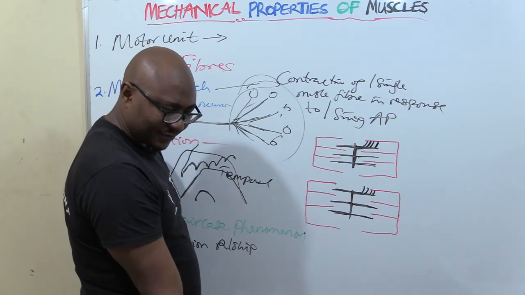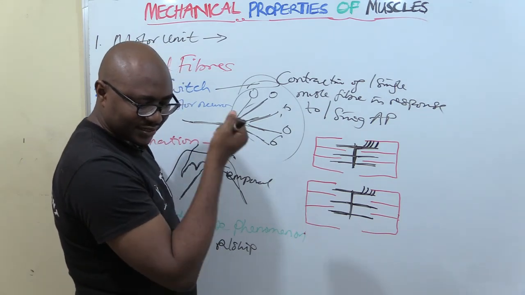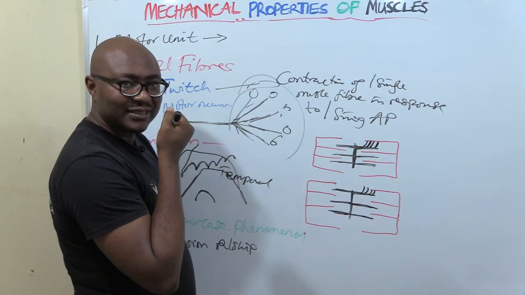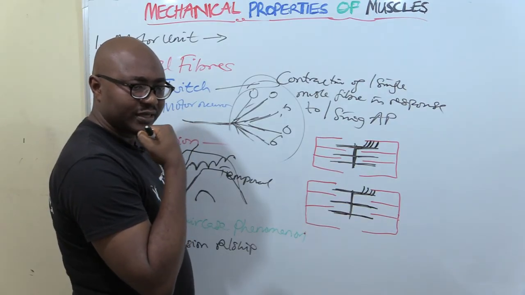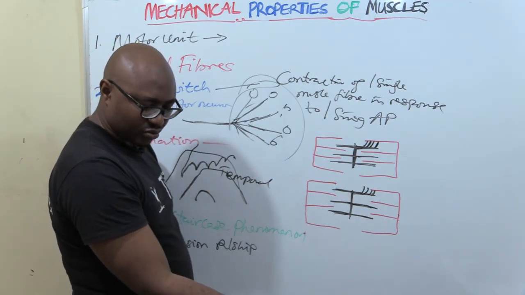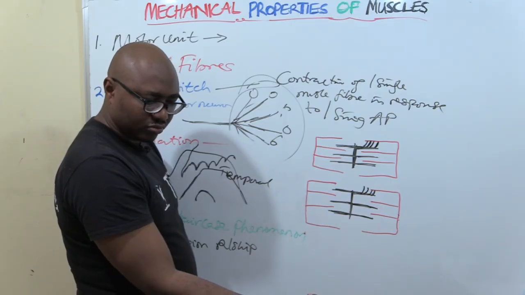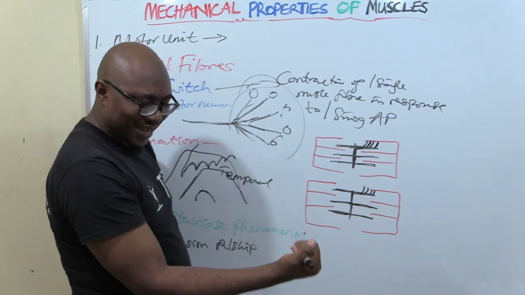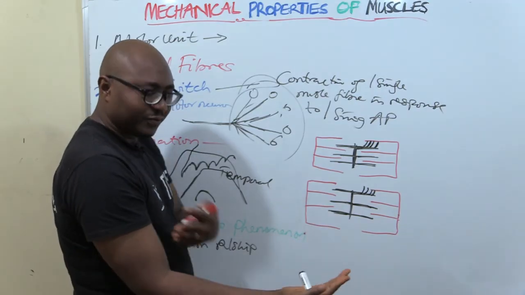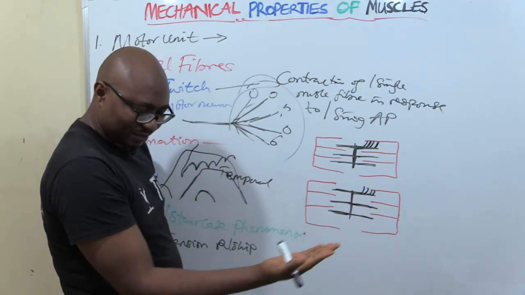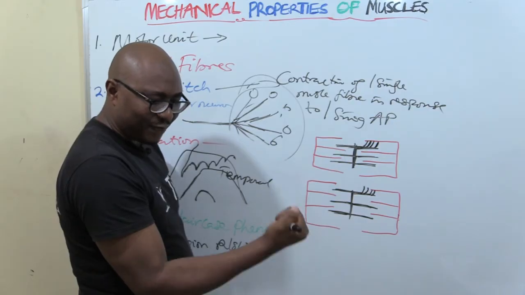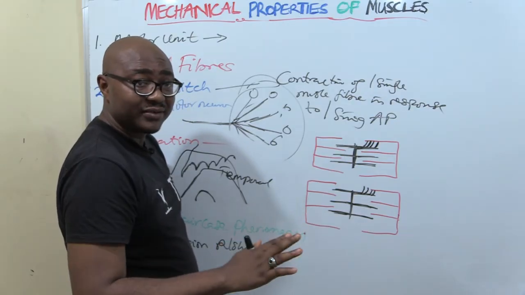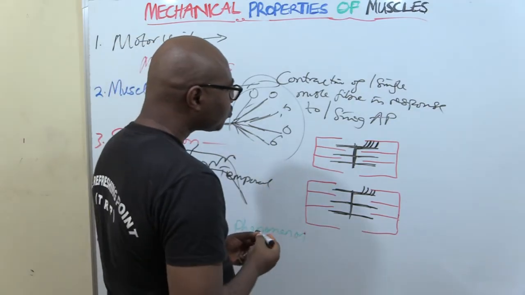It's extended fully. When I do it like this, it is contracted fully. But when it's in the middle, the lengths are different. So usually at optimal length, which in the case of this muscle is at this middle point, there's higher force that the muscle can generate. And this is the explanation.